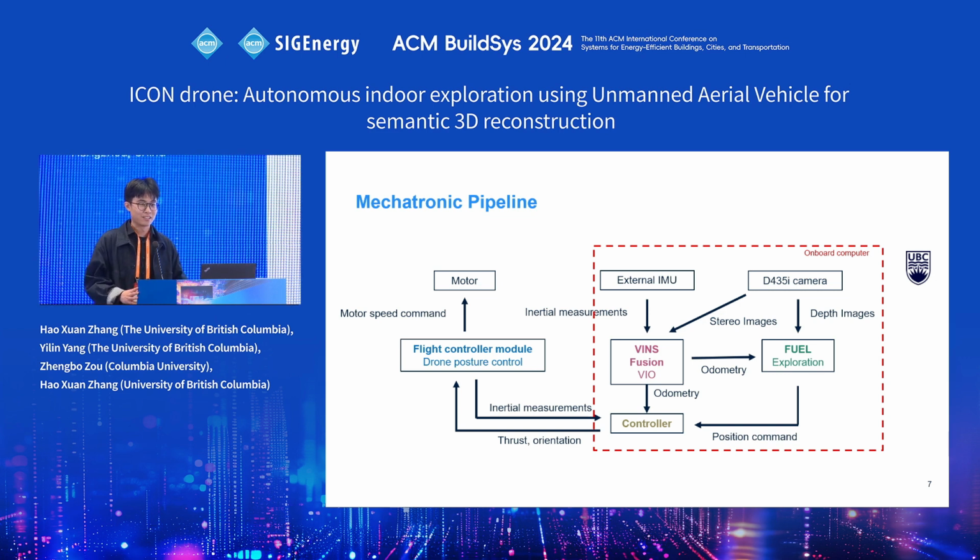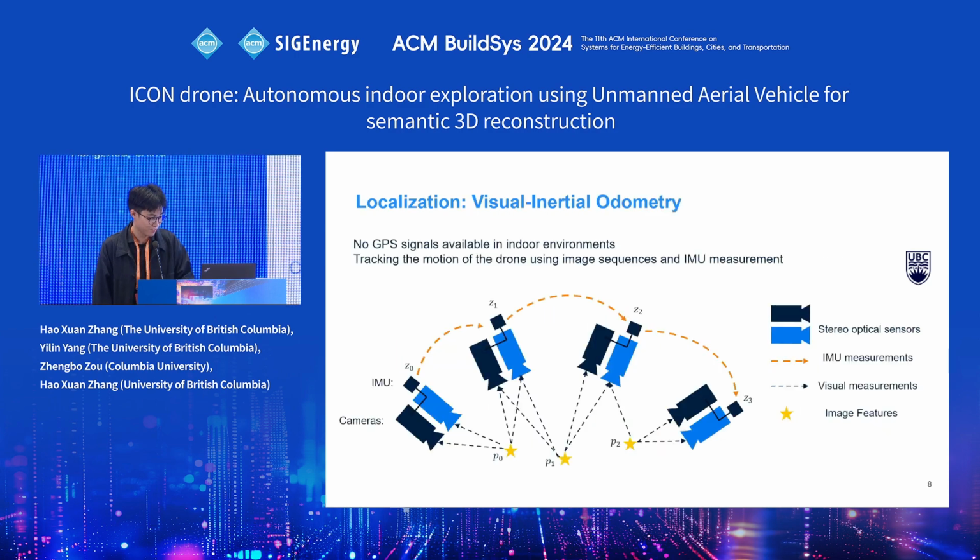Put it in the analogy of exploring a grand hotel. There are 2 things you need to know. The first is where you are right now, your current position. The second is where the next location you want to go is. These 2 colored modules enable you to know the state of the drone.